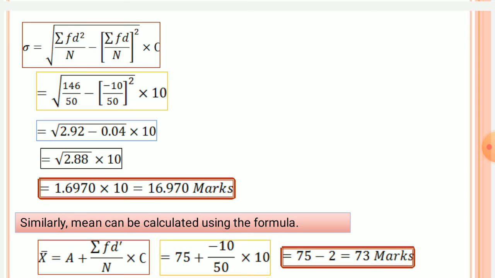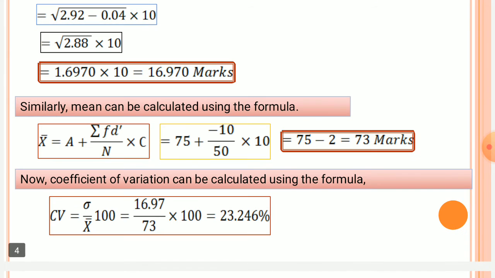The square root of 2.88 means 1.697, into 10 is equal to 16.970 marks. This is the value of standard deviation.